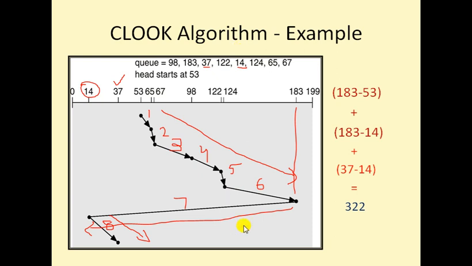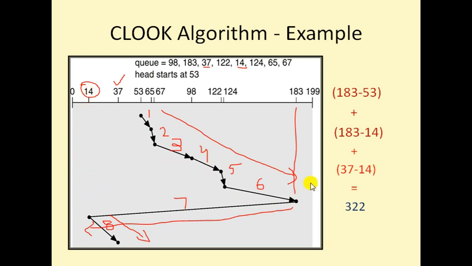So the only difference between the LOOK algorithm and the CLOOK algorithm is, in the LOOK algorithm the disk head moves towards one direction up to the maximum request. From there it turns towards the opposite direction and visits all the requests on that direction and stops at the last request.